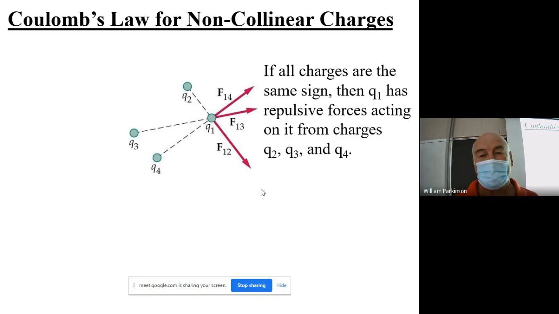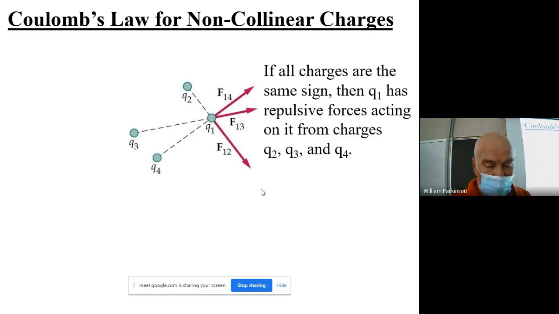Now, guess what? Charge 1 is simultaneously being pushed away by 2, 3, and 4 along these 3 directions. Can I find the net or resultant push that charge 1 feels? And the answer is yes.